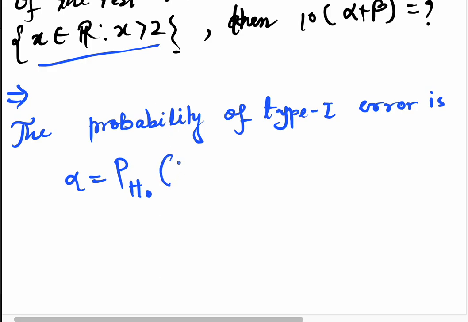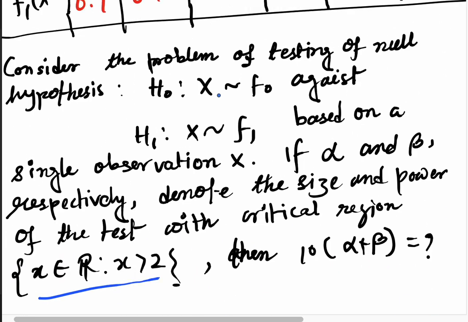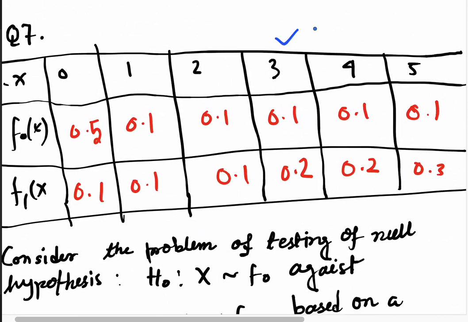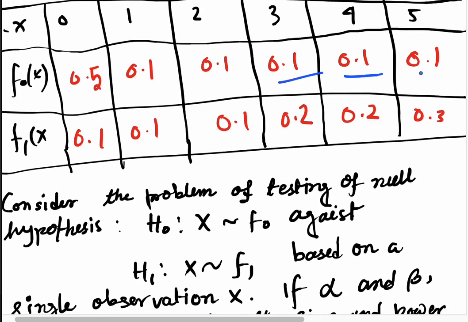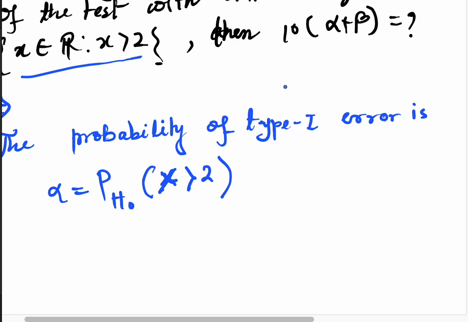So what is the probability that x is greater than 2? X greater than 2 means it is either 3, 4 or 5, so the probability is 0.1 plus 0.1 plus 0.1, that is 0.3.